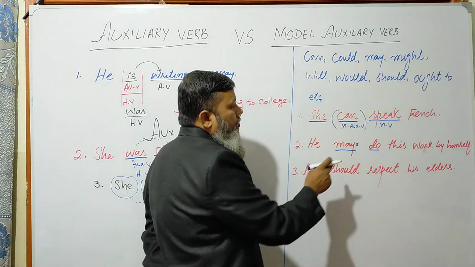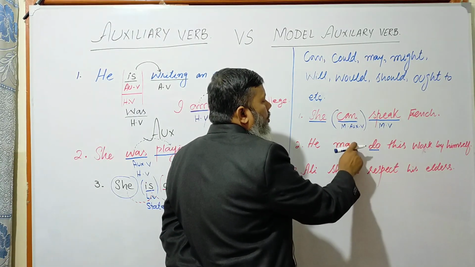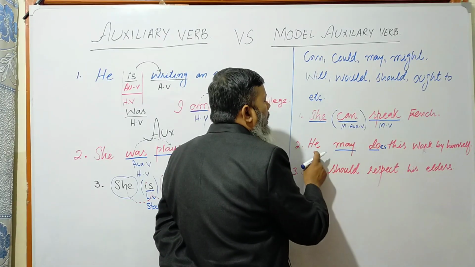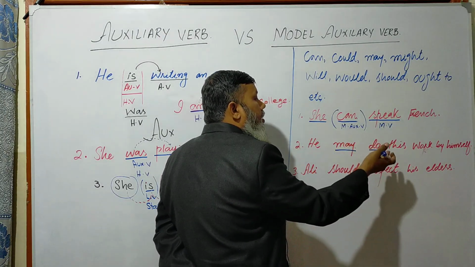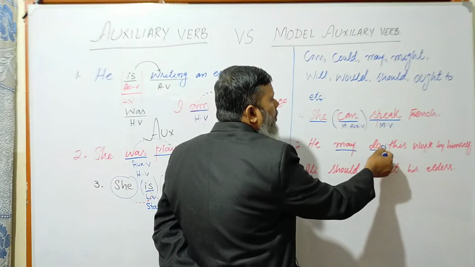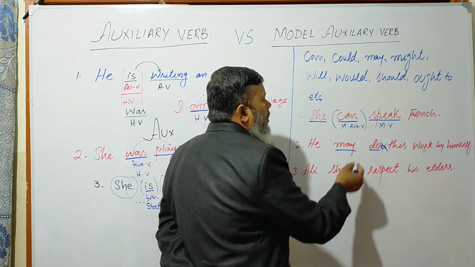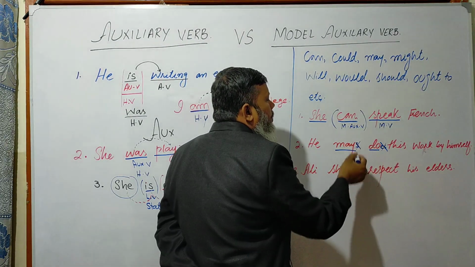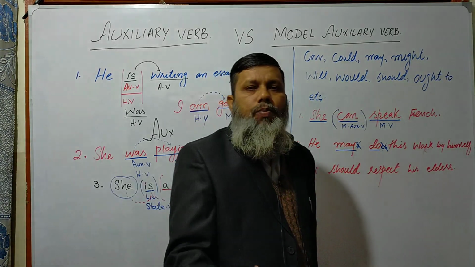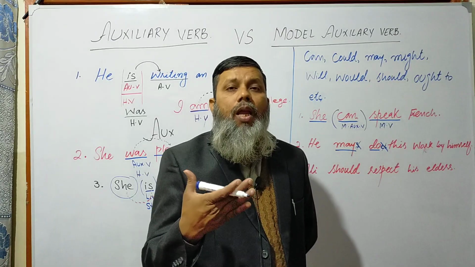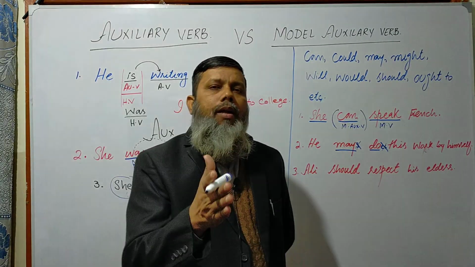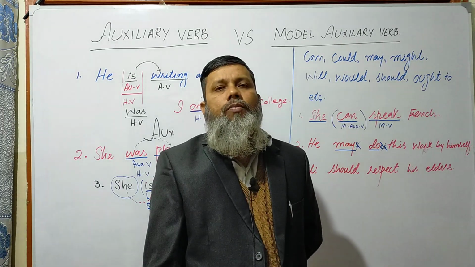So listen, we cannot use S here. Neither can we say "he does" after a modal, as in "he may does this work by himself." It is also wrong. So my dear, I want to explain the main difference between auxiliary and modal auxiliary verbs.